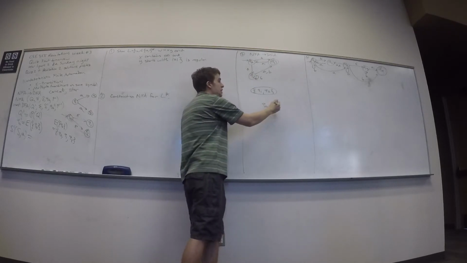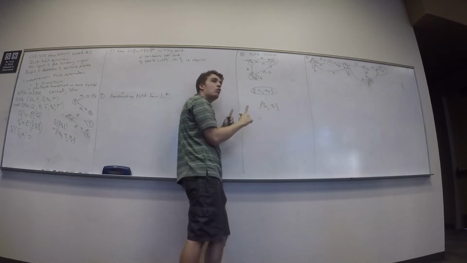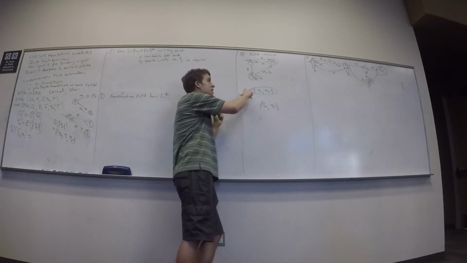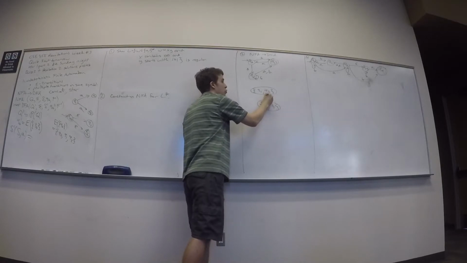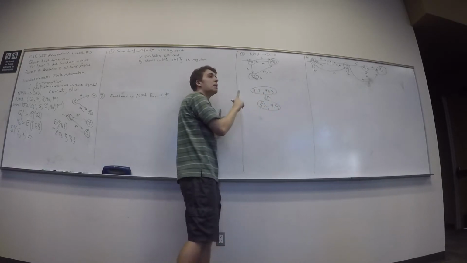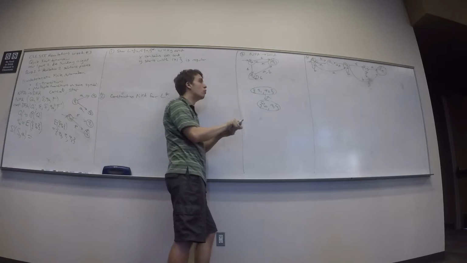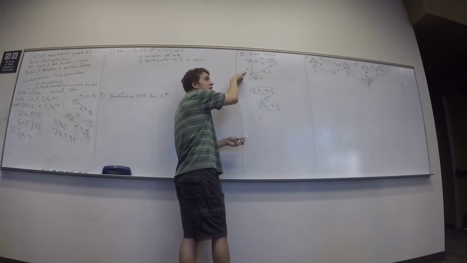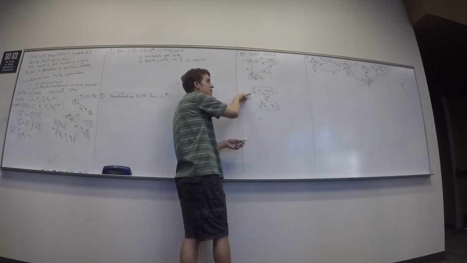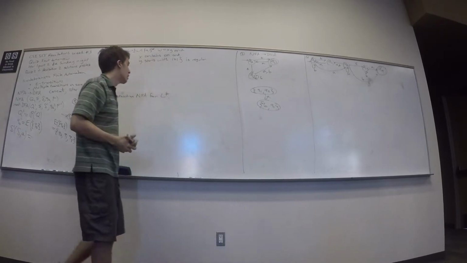So this is the set of states that I can reach. From this set of states, I can reach this set of states. So this is the transition I'm going to make in the DFA, because the DFA represents sets of states in the NFA. So this set of states goes to this set of states.